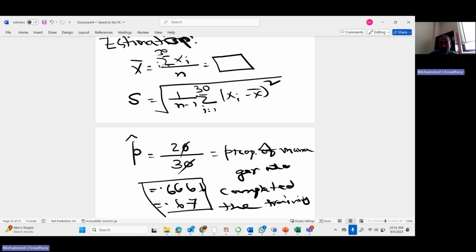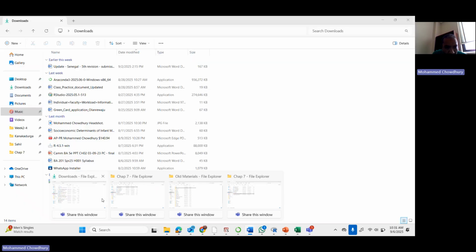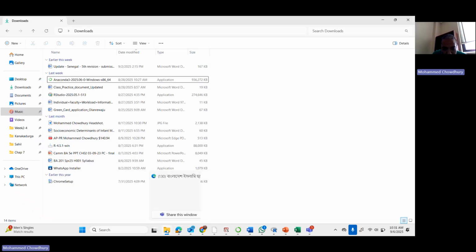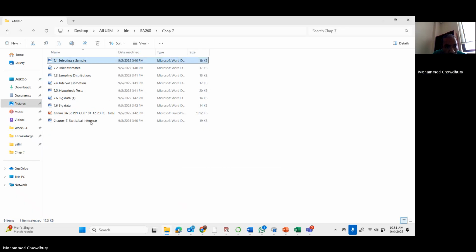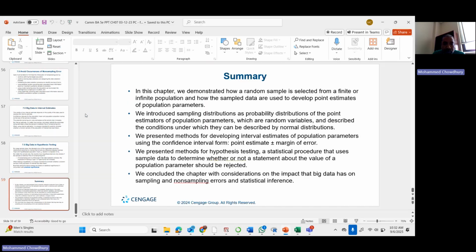So far from this lecture, we have learned what a population is, what a sample is, what the 4 sampling methods are, what a parameter is, what a statistic is, what an estimator is, and what an estimate is. And by using sample data, I have also shown you how to compute some of those things.